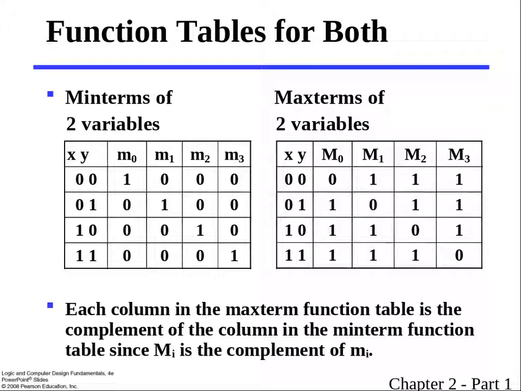Then if we're evaluating for the value 0, 1, and we're saying that x is 0, well, not 0 or 1, of course, equals 1 because you're ORing 1, so it has to be 1. And not 0 is 1, and you're ORing it again, so it has to be 1. A little clear? That's how we get each individual piece.